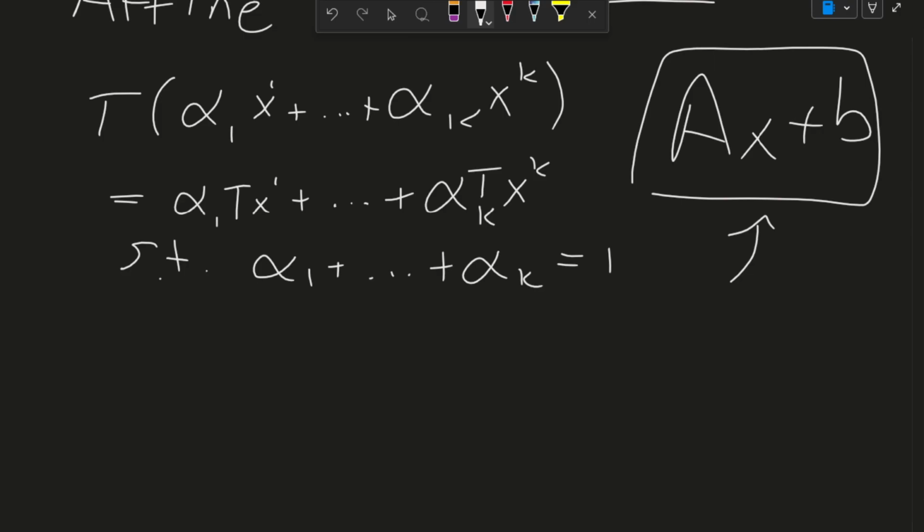What I mean by this formula is that if I have any affine transformation, we can always write it as some matrix times our input plus some constant vector. And I want to work towards that in a very similar way to how we worked towards linear transformations.